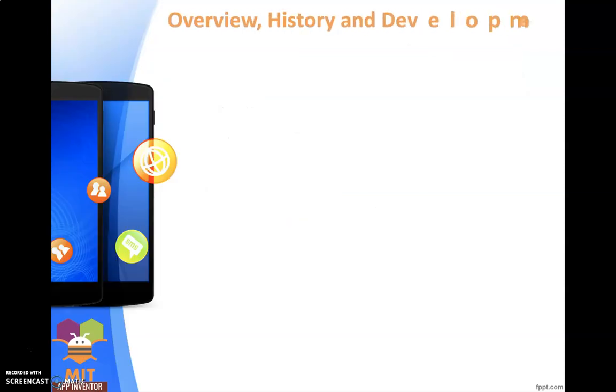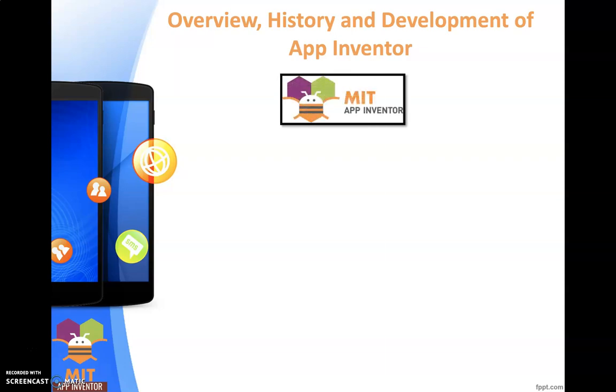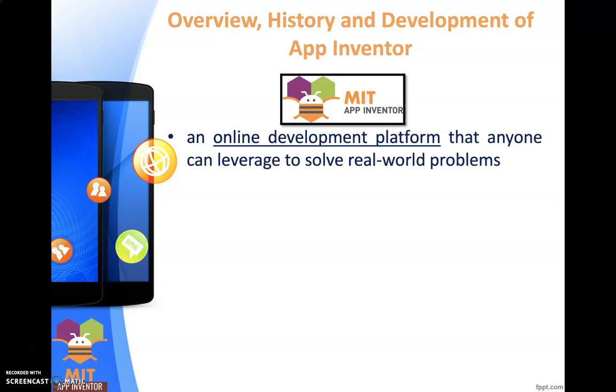To start with our lesson, let us define first what is MIT App Inventor. MIT App Inventor is an online development platform that anyone can leverage to solve real-world problems.